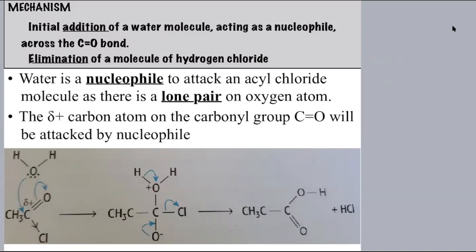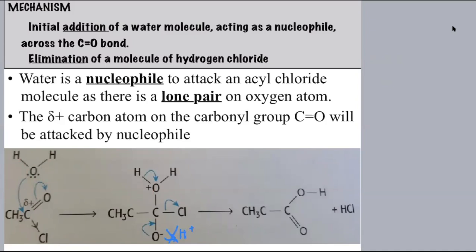So in the second step, the difference between carbonyl and acyl chloride is that acyl chloride does not pick up a hydrogen here. This is the only difference with a carbonyl.